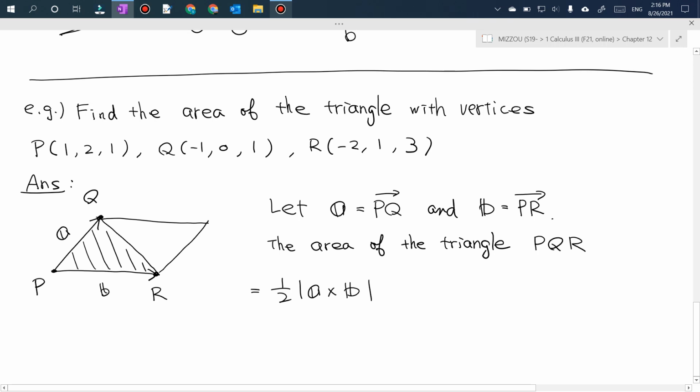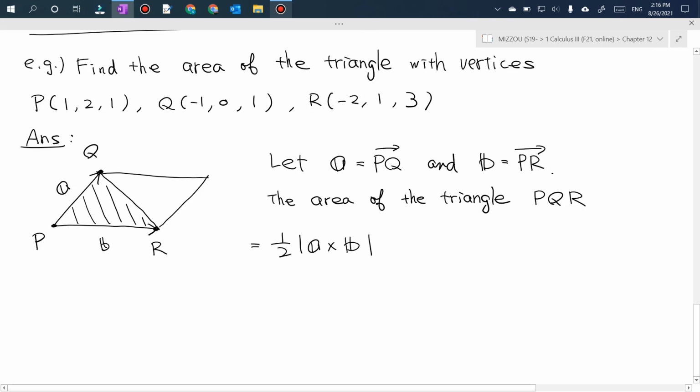So all we have to do is first compute explicitly in terms of components those two vectors, and then just compute the cross product and compute the magnitude. But how are we going to compute the components of vector PQ?